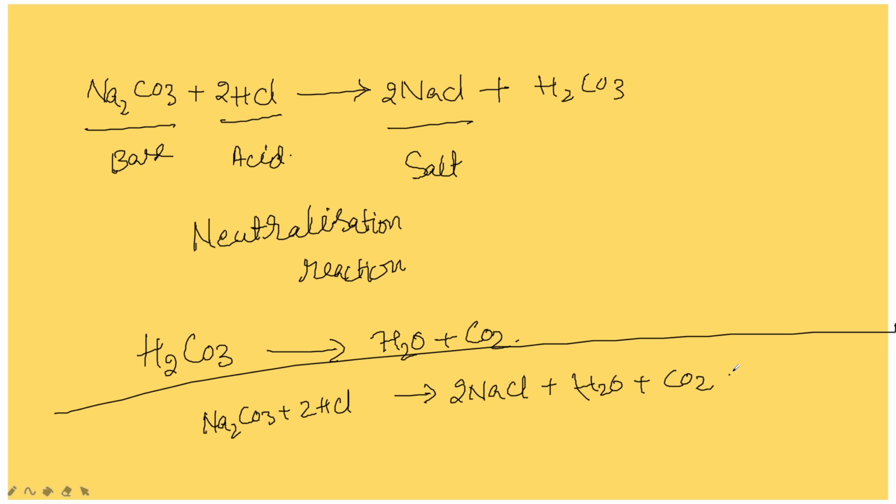So this is a neutralization reaction. Sodium carbonate is a base and HCl is an acid. When they react, the salt sodium chloride, water and carbon dioxide are formed. Brisk effervescence of carbon dioxide gas you can find. Some more neutralization reactions also let me tell you. If you know anything else, you can write it.